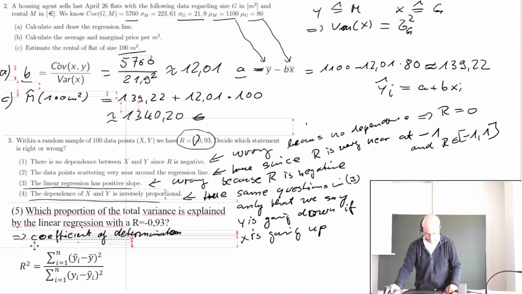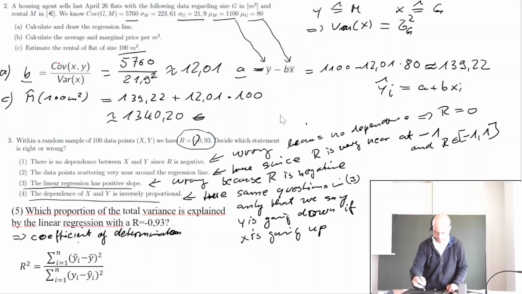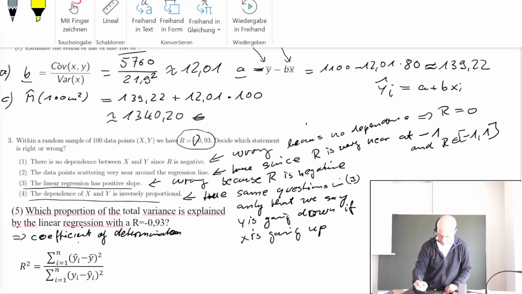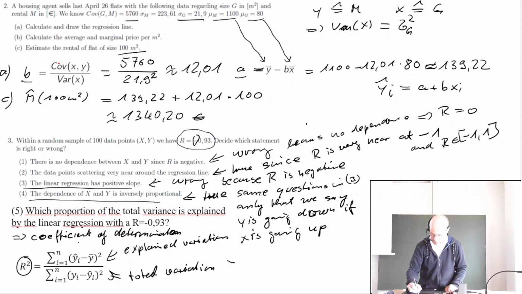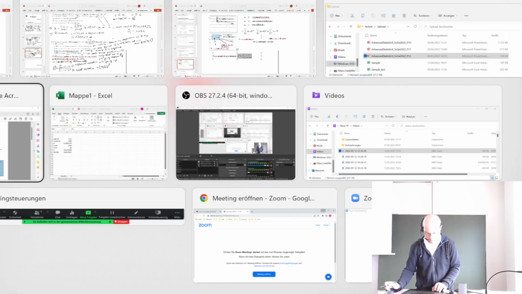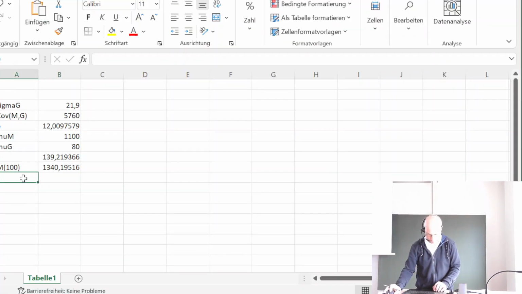Again, from the former exercise, we have explained variation and total variation, and this is just R squared. So we obtain minus 0.93 squared.